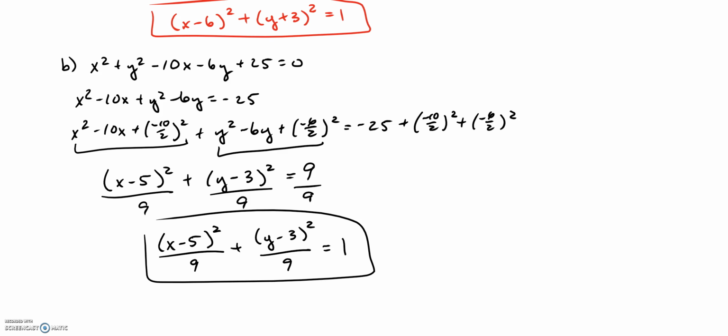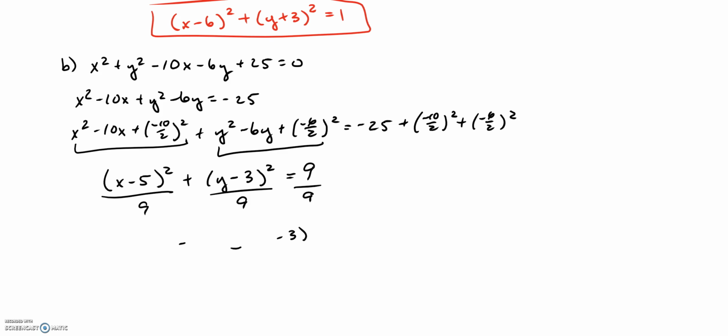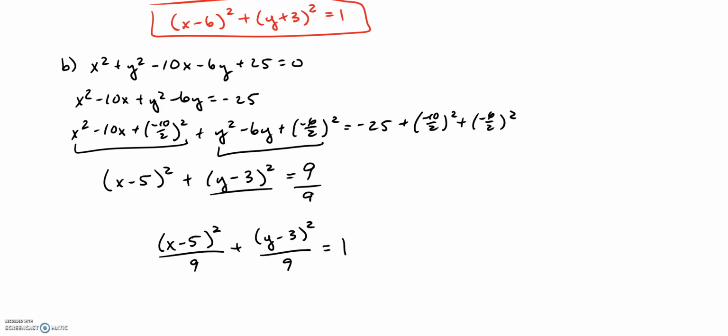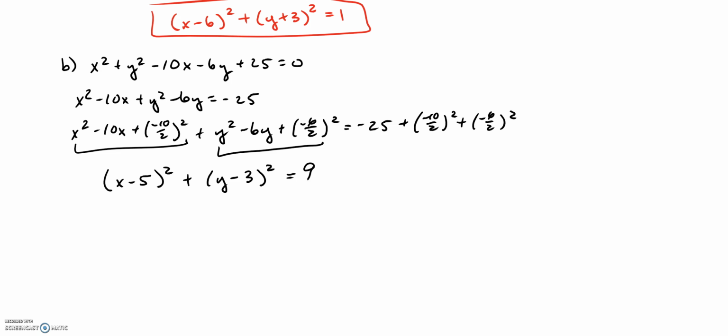And because I wasn't paying attention, I shouldn't have done any of that. It's a circle. So for a circle, we don't need to divide by 1. So we can stop right there.